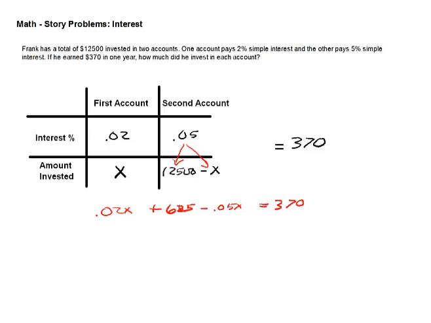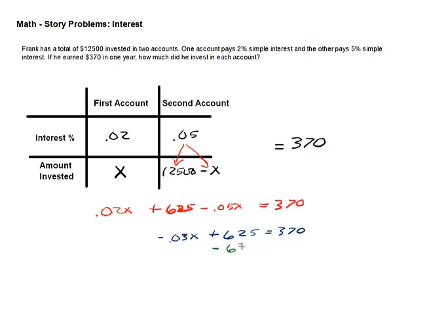So again, we add like terms together. So 0.02x minus the 0.05x is going to give us a negative 0.03x plus 625, which equals 370. And then again, we need to get our variable by itself, so we're going to subtract the 625 from both sides.